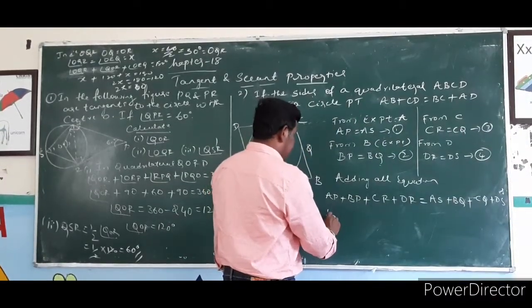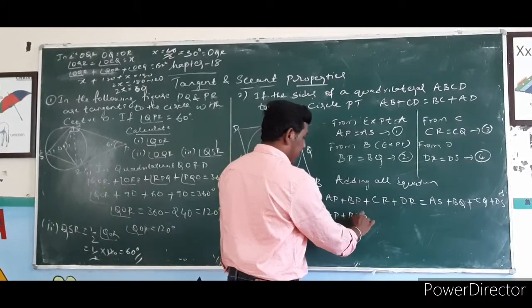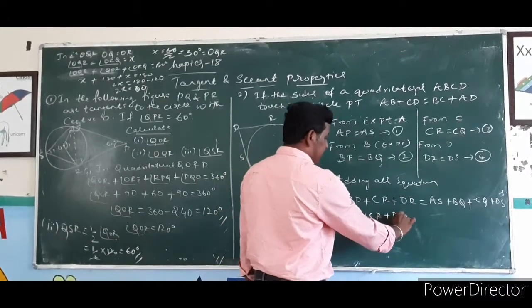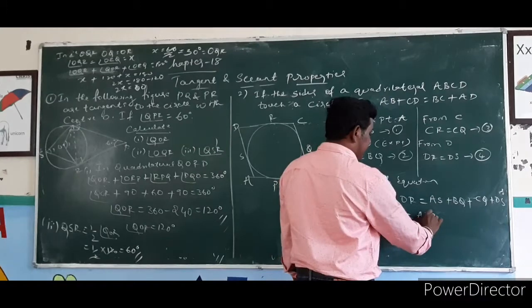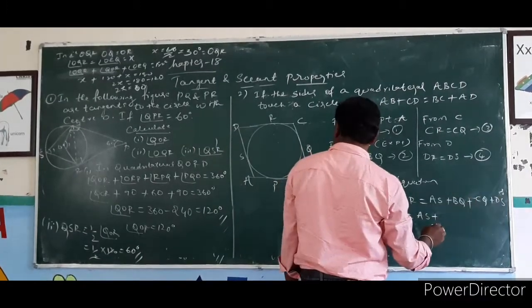So you can rearrange: AP plus BP plus CR plus DR is equal to AS, and I am arranging it with the DS.